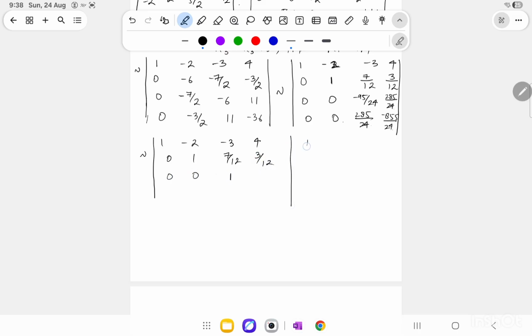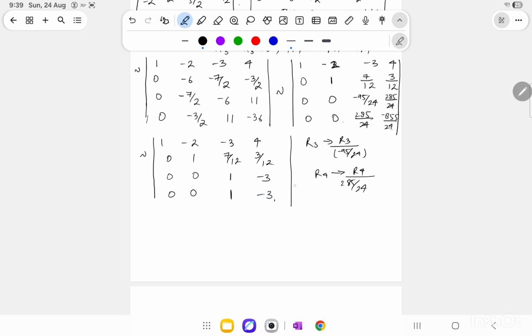I am using R3 as R3 divided by minus 95 by 24, that is basically minus 3, and here I am using my R4 as R4 divided by 285 by 24, so it is 1 comma minus 3 again.